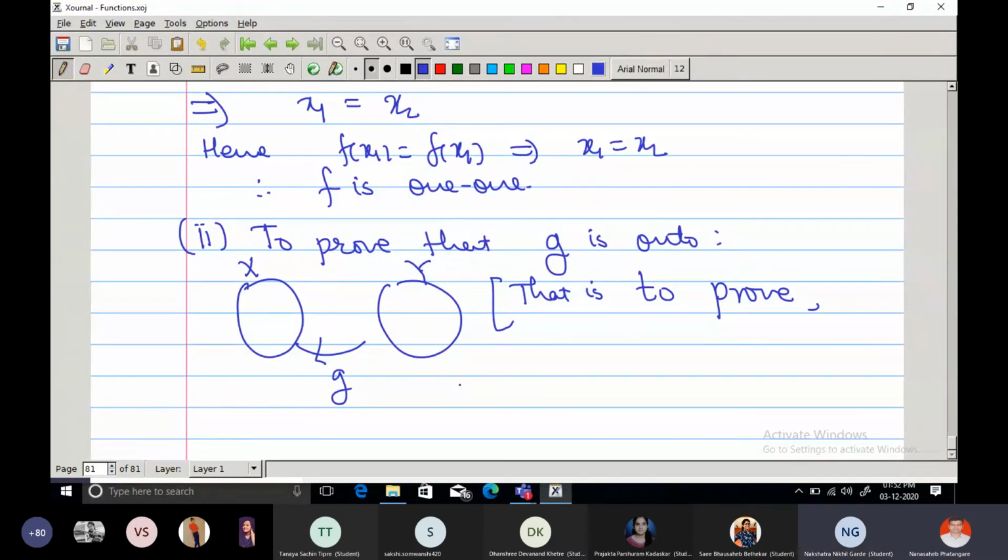For every y in Y there exists x in X? No, what is the codomain of g? For every x belongs to X, there exists y belongs to Y. g is from Y to X. And if you want to prove that g is onto, means for every element x in X, can we produce a pre-image in Y? Is it clear?